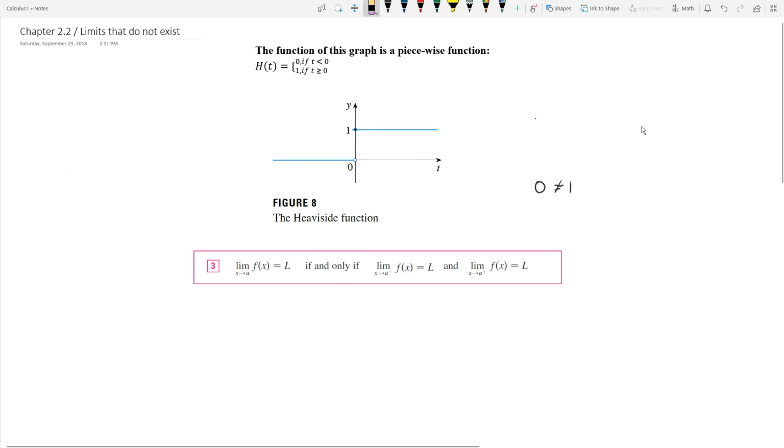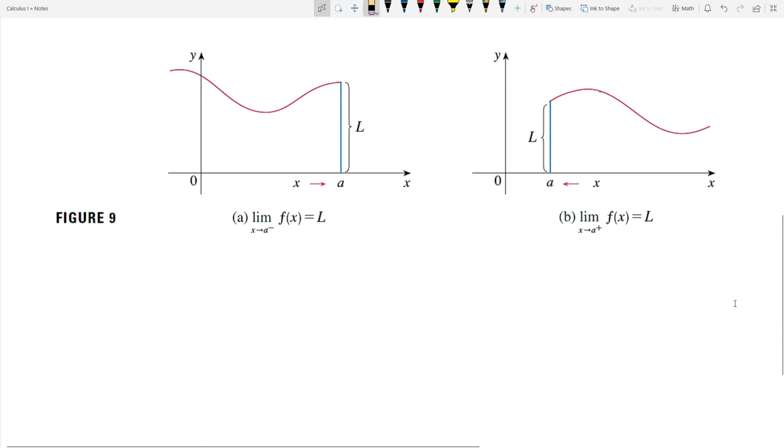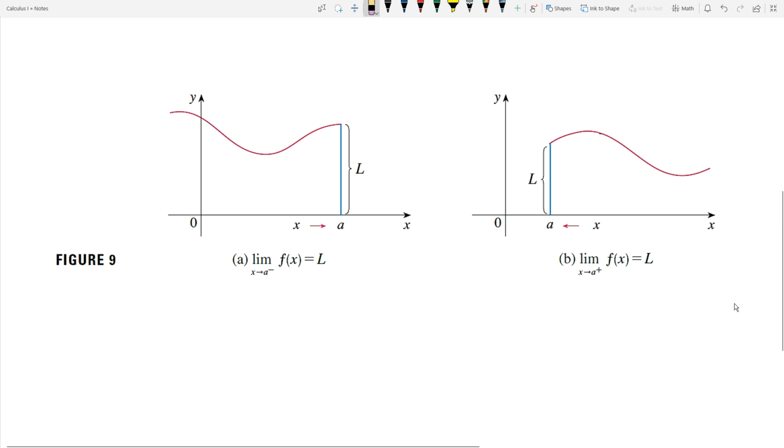So let's take a look at another illustration that the book has. As you can see, they have the notation here on the left-hand side. This is in general notation, meaning that there are no actual values, but they're all variables. We can say that we are approaching a from the left, and that's what it shows here, some value a, and a is this point right here.